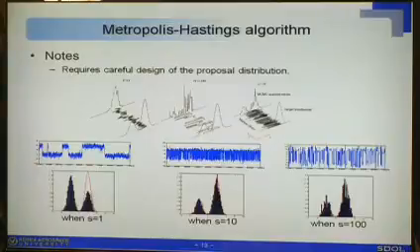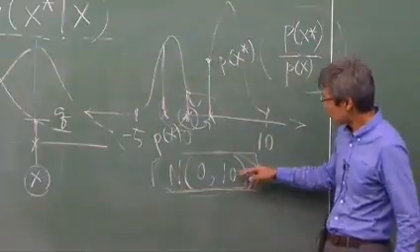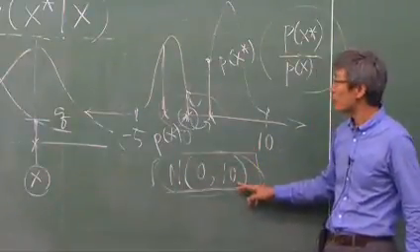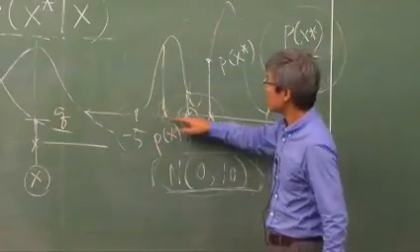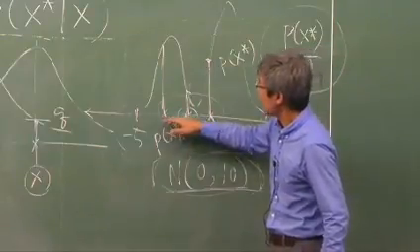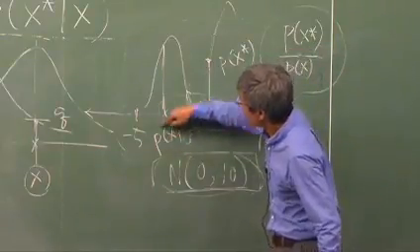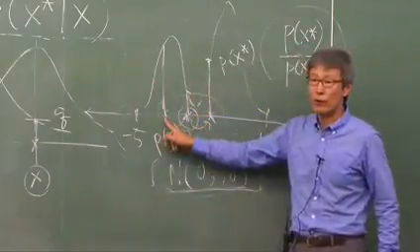we move around from the proposal distribution. Remember this. If the standard deviation is very small, we start from here. There is a high chance that the points stay within this region because the standard deviation is very small.